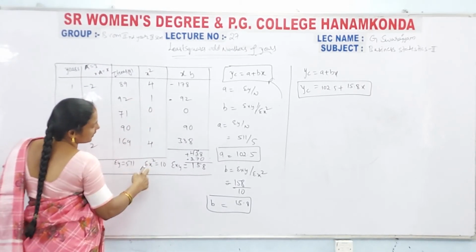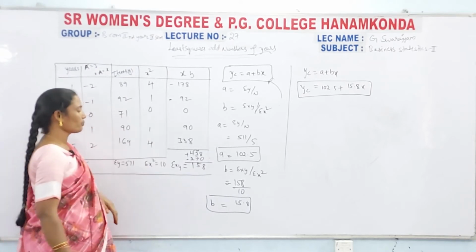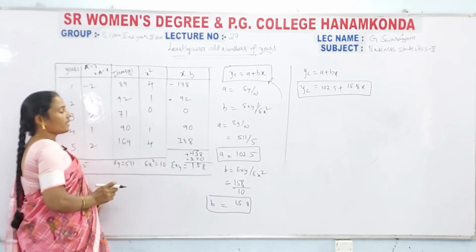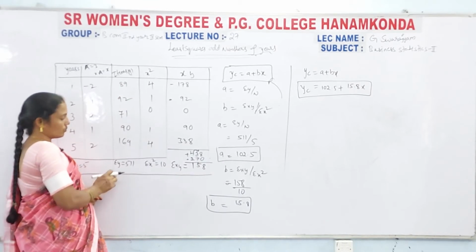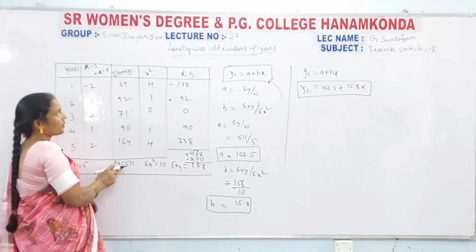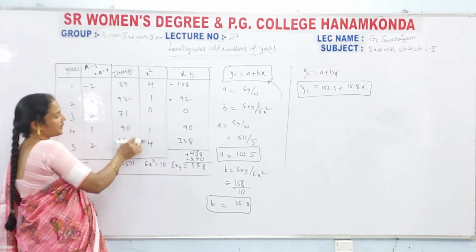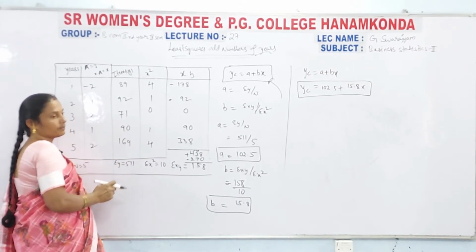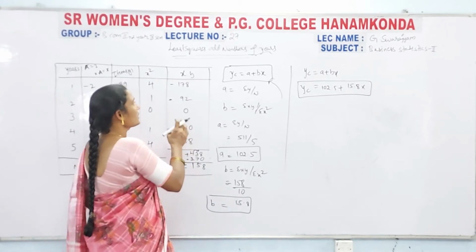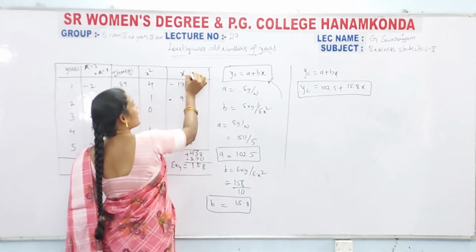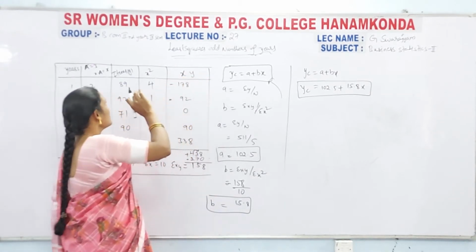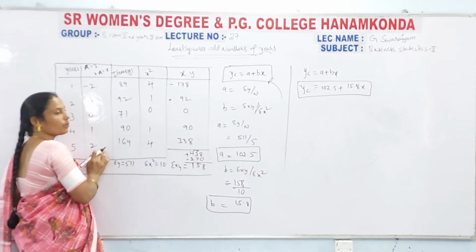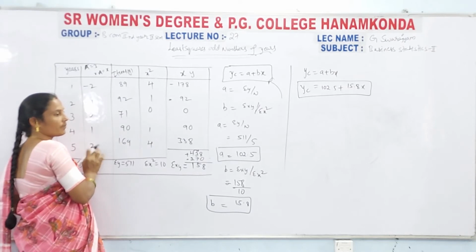Then total sigma x square is equal to 10. Okay. So the items are sigma x, sigma y. Five items are given, the total of the items sigma y is equal to 511. So x and y: this is the x column, this is the y column. Items into x, the deviation of x.